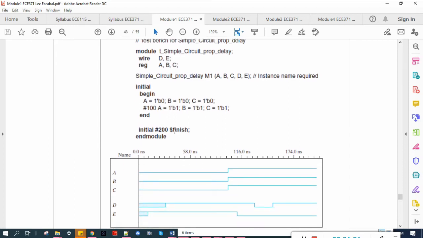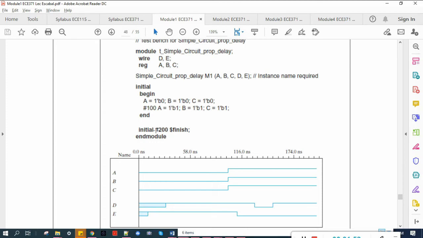Actually, we can write this $finish statement inside this initial begin. The difference is if we place this $finish statement here with a 200 time unit delay, then it means that it will end from 0 to 200 time unit delays.